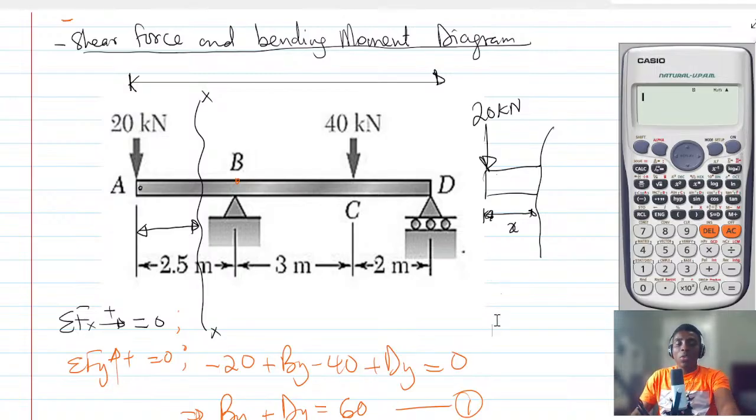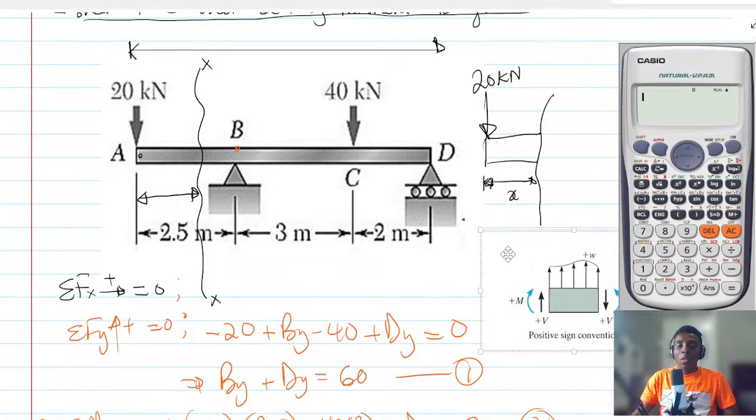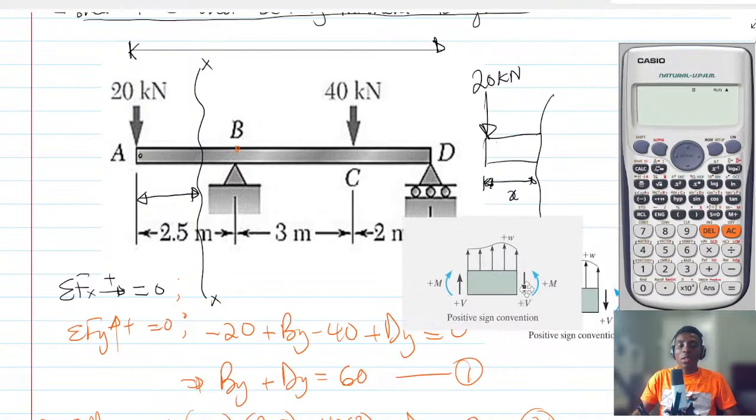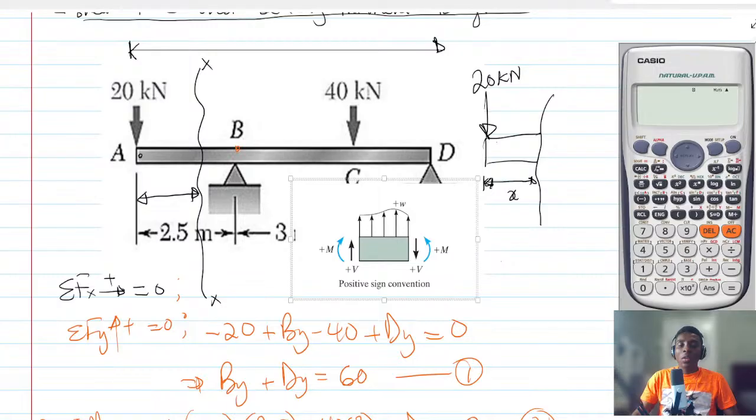So there is something which you have to know here. Now, I want everybody to watch this carefully. Look at where I have taken the section. I have taken the section on this side of the beam.